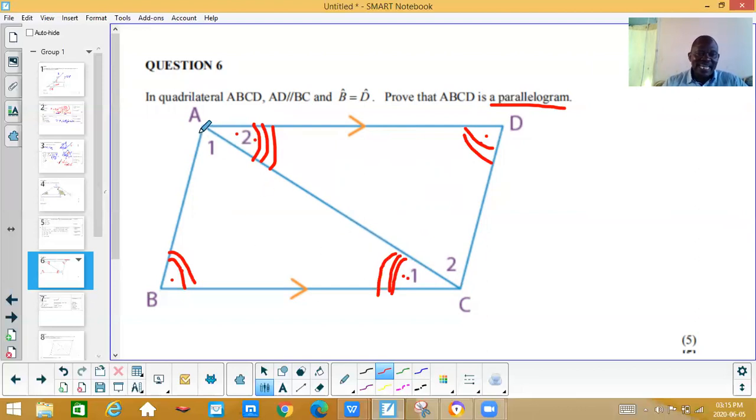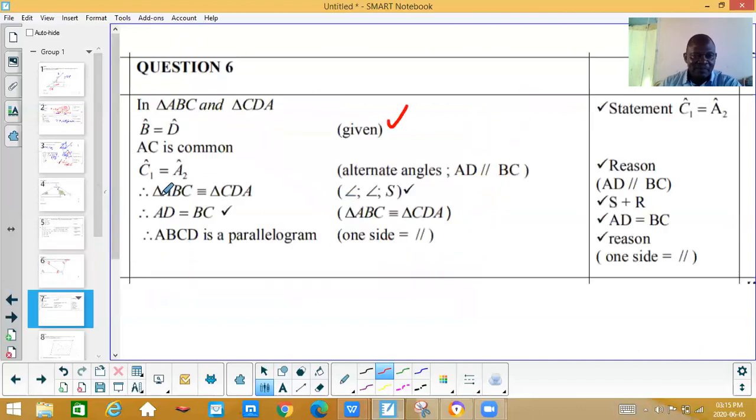So triangle ABC and triangle CDA are congruent. You are proving that triangle ABC is congruent to triangle CDA. You must give the reason. This one is the angle side.